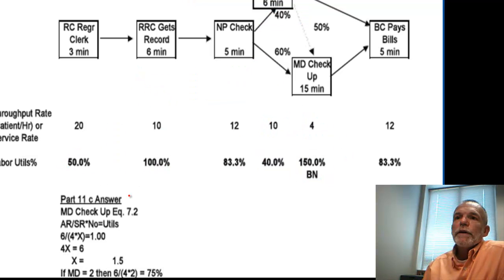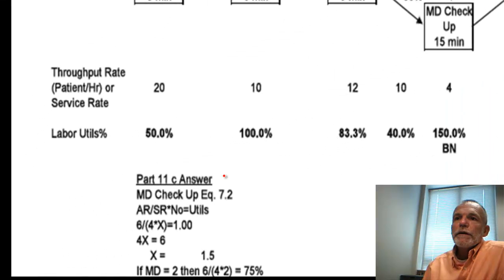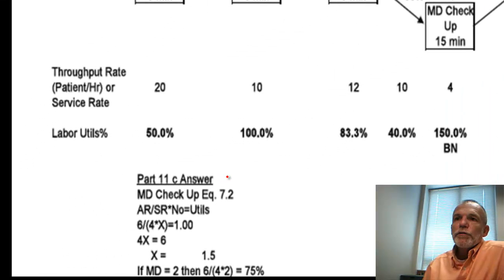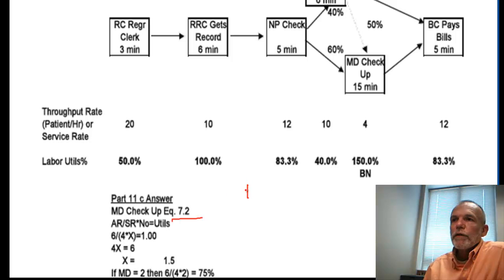Down here we're asked to back into how many doctors, how many servers, we would need if we had 100% utilization. If you remember the formula, 7.2, we have our demand rate divided by the service rate times the number of servers.